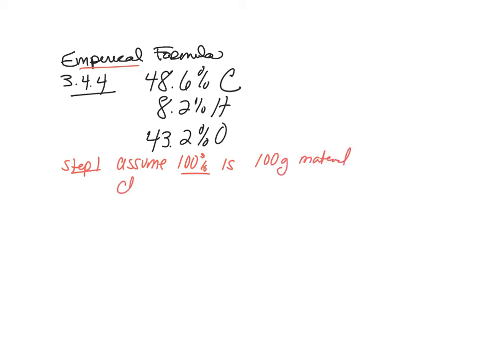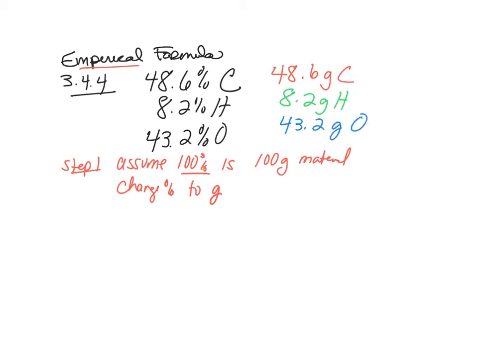And so what you do is you change the percent to gram. So that would mean 48.6 grams of carbon, 8.2 grams of hydrogen, and 43.2 grams of oxygen.